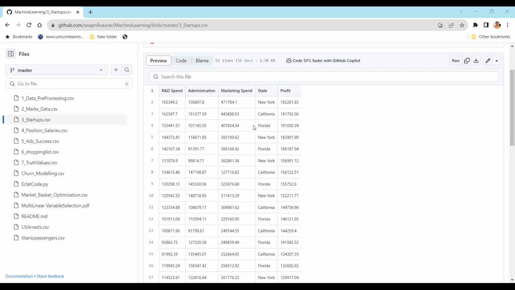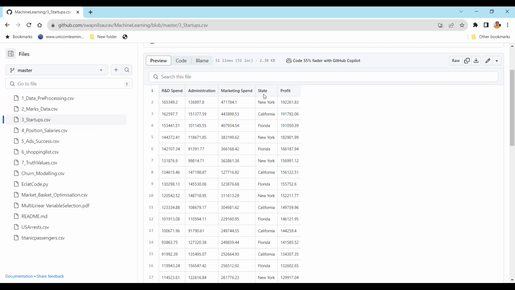So this is data about startups, and we are looking at their R&D spend, admin spend, marketing spend, and which state the company is based in. Based on these factors, we are trying to predict their profit. So profit is your y. We are here to predict profit based on 4 conditions.